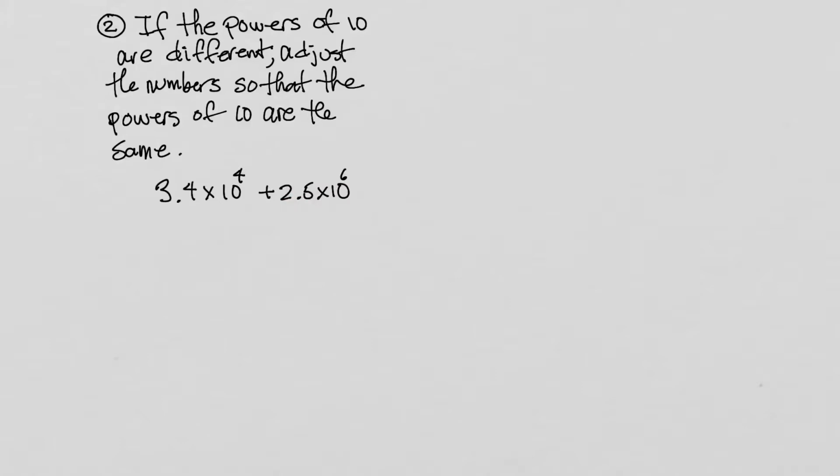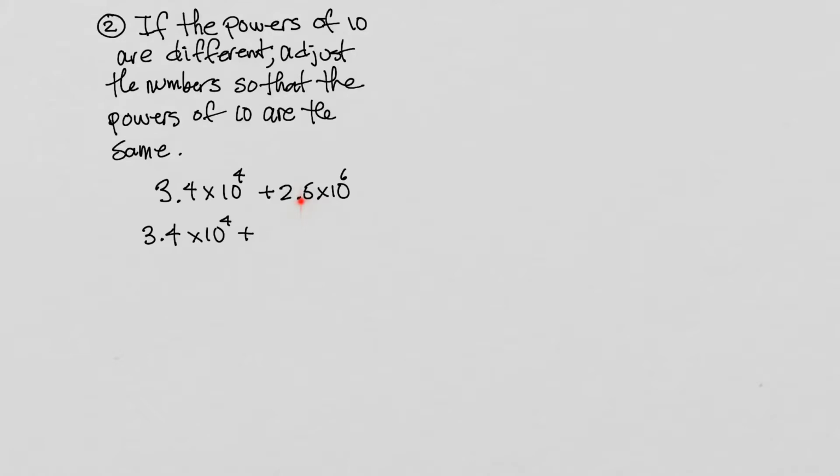Let's see what happens. We're going to get 3.4 times 10 to the 4th plus, now we want to take this 6 down to a 4. So think about, how did we get that decimal point right there? The positive 6 tells us we moved it from its original position 6 places to the left, right? It's positive, so we went 6 to the left. That got us right here. Well, we don't want 6 places to the left.